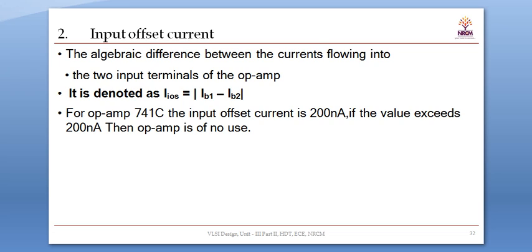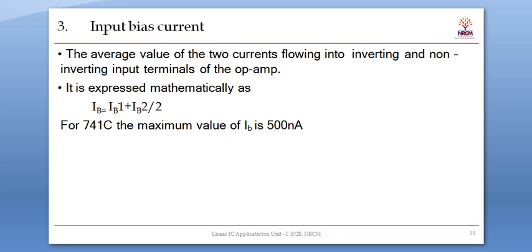The next electrical or performance parameter is input bias current. It is the average of the currents flowing into the inverting and non-inverting input terminals of the op-amp, denoted by IB, and given by IB equals IB1 plus IB2 divided by 2.